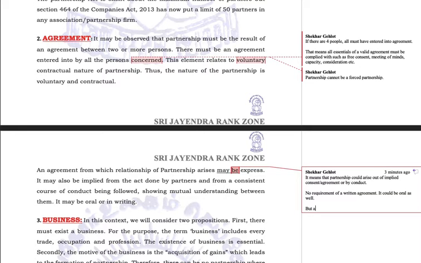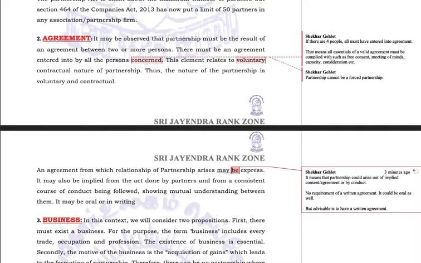But it is advisable to have a written agreement in order to take care of future contingencies which may occur, and there may be an issue between partners regarding those future contingencies, because orally we cannot take care of all of them.